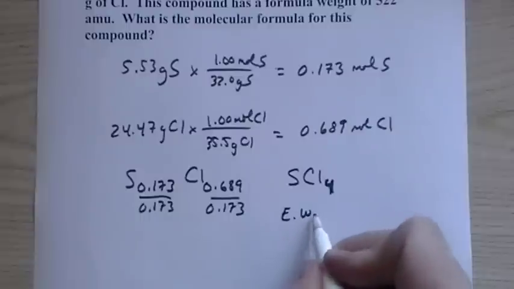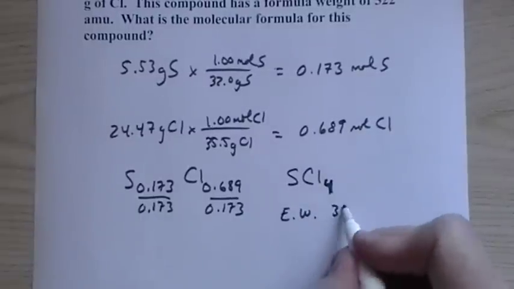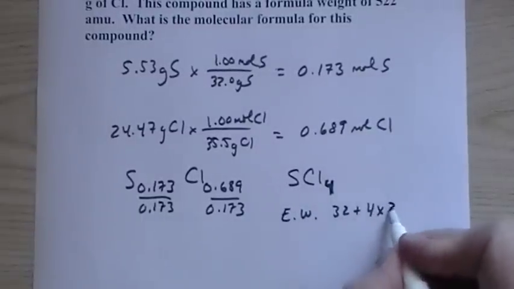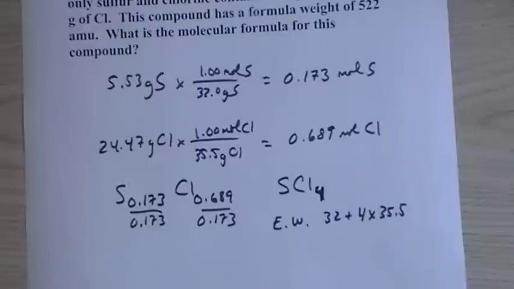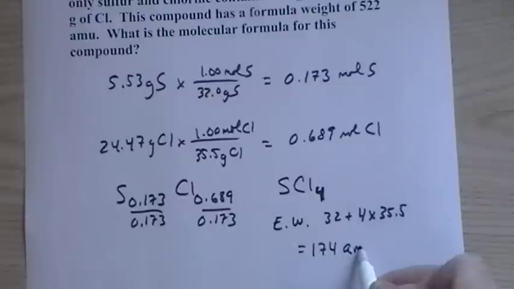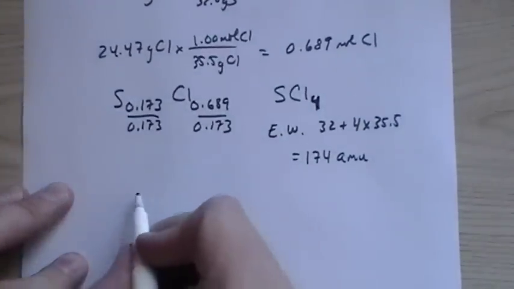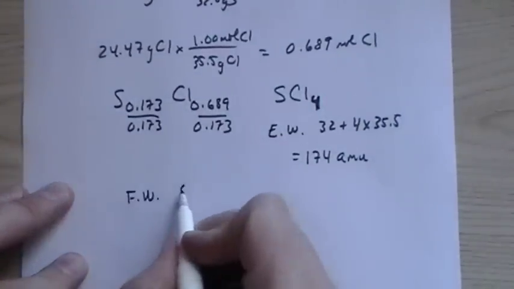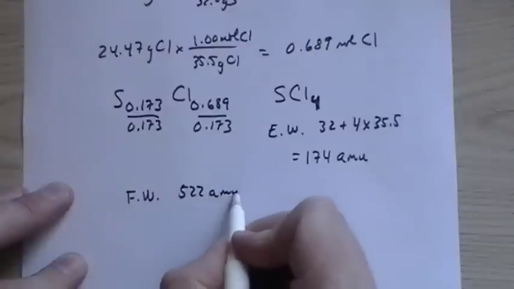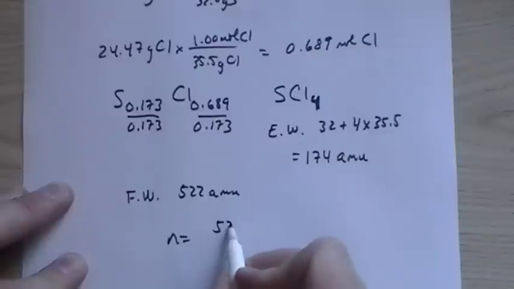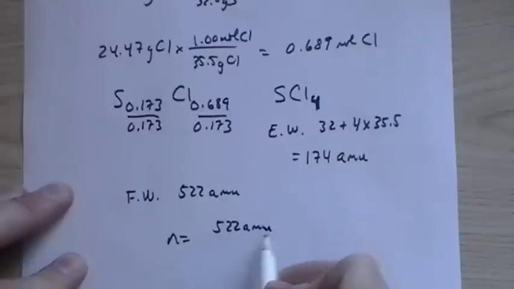The empirical weight should be 32 plus 4 times 35.5. This comes up to be 174 AMU, or grams per mole, either one. Now, we know the molecular formula weight is 522 AMU. So N is going to be 522 divided by 174.